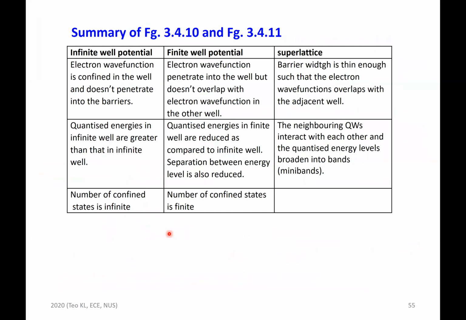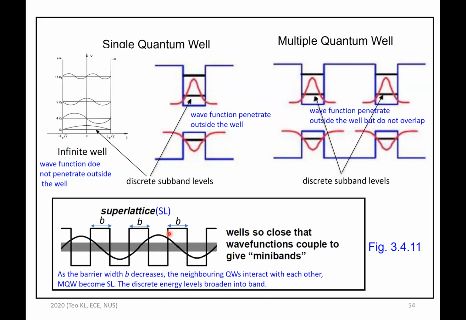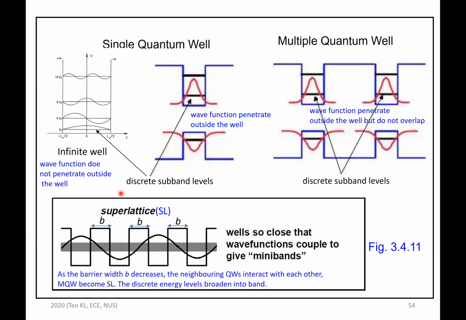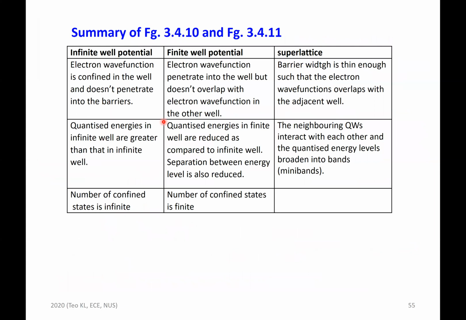Now, to summarize, figure 3.4.10, I think I made a mistake, 3.4.10 and 3.4.11. Infinite well: the electron wave function is confined in the well, and doesn't penetrate into the barrier. Finite well: the electron wave function penetrates into the barrier. Say there are two or more wells, the wave function does not overlap with the electron wave function in the other well.